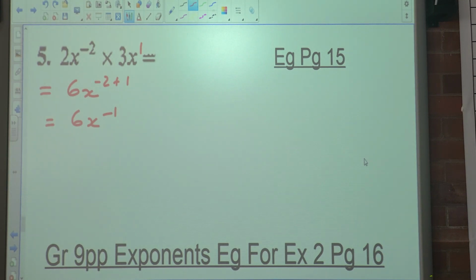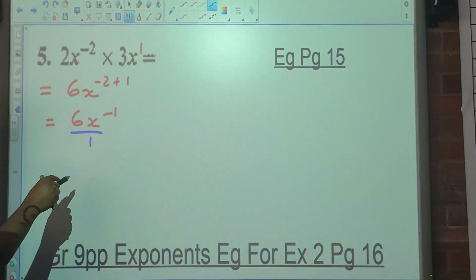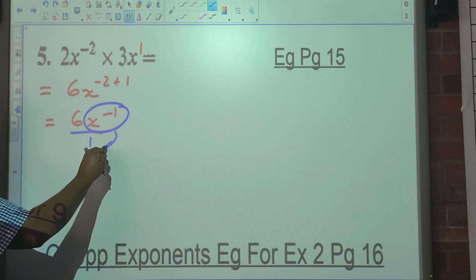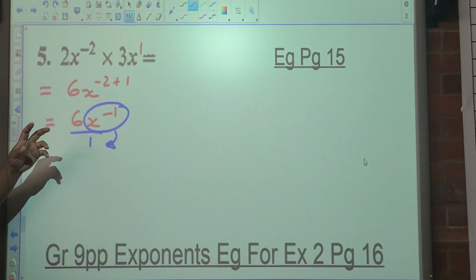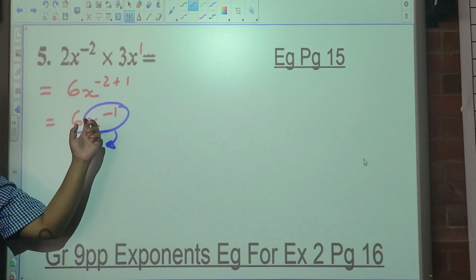Negative 1, not so? So what happens now? That's naturally over 1. So what goes down? Only x to the negative 1.